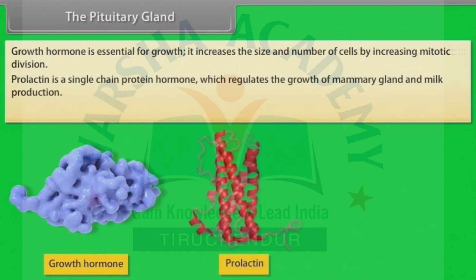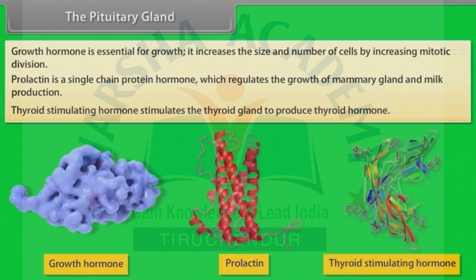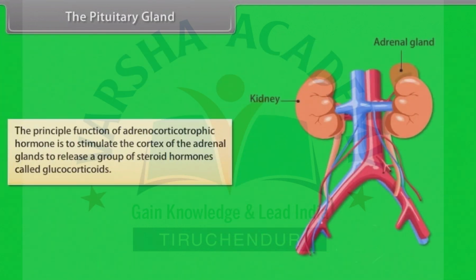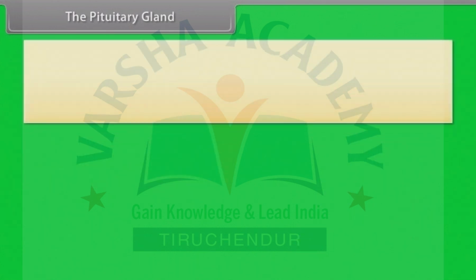Prolactin is a single-chain protein hormone which regulates the growth of mammary glands and milk production. Thyroid-stimulating hormone stimulates the thyroid gland to produce thyroid hormone. The principal function of adrenocorticotropic hormone is to stimulate the cortex of the adrenal glands to release a group of steroid hormones called glucocorticoids.